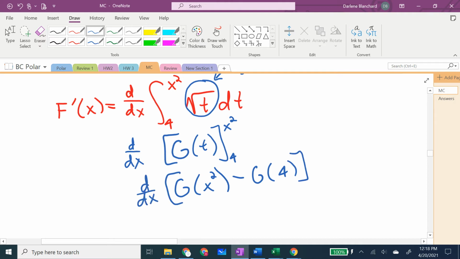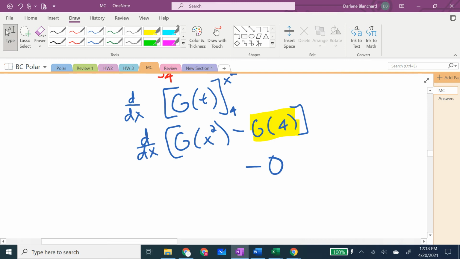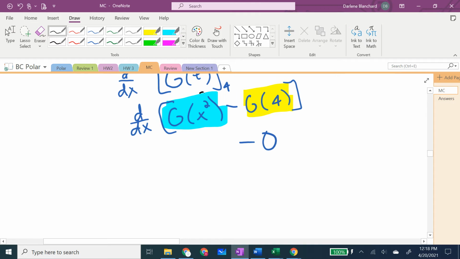And now I want to point out, as soon as I plug a number into the one and only variable, that's a number. It is a constant. Its derivative is 0. New focus is just this. I need to chain rule my derivative. So I've got baby function, mommy function.